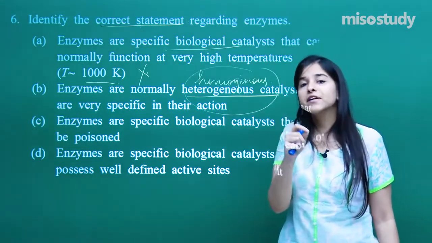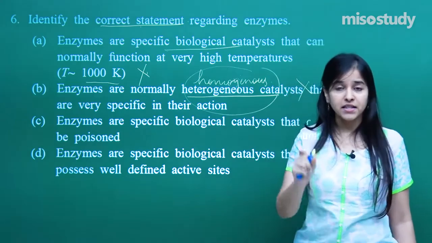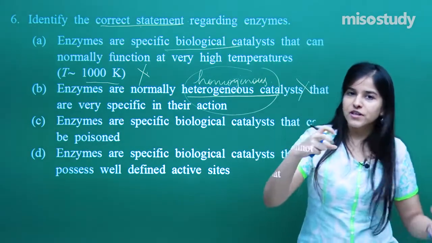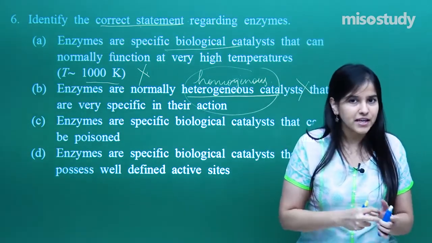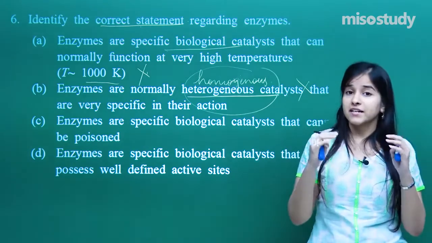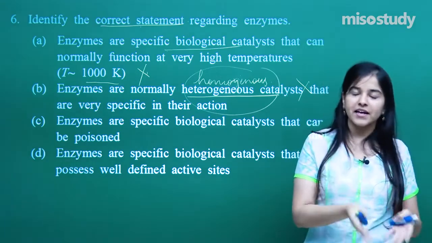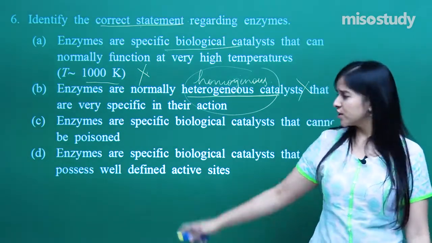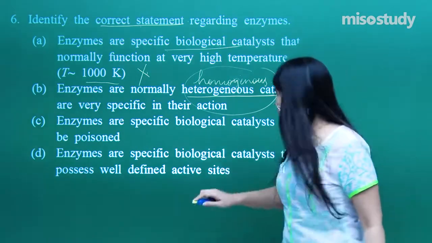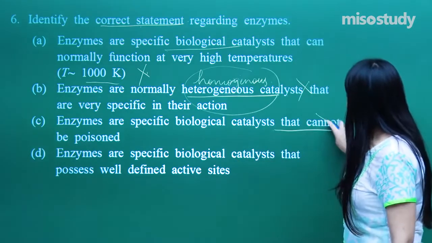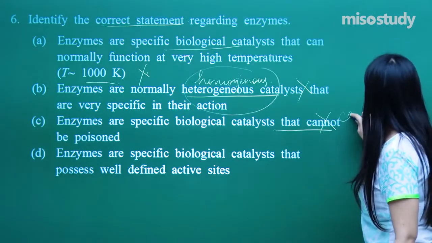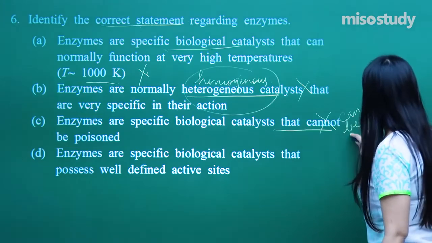Remember having allosteric sites. Whenever a drug attacks the allosteric site of the enzyme, it modifies the shape of the active site, and the activity of that enzyme is modified. So they can be poisoned, which means this statement is incorrect.